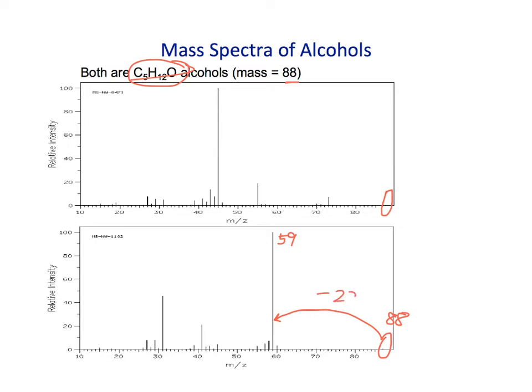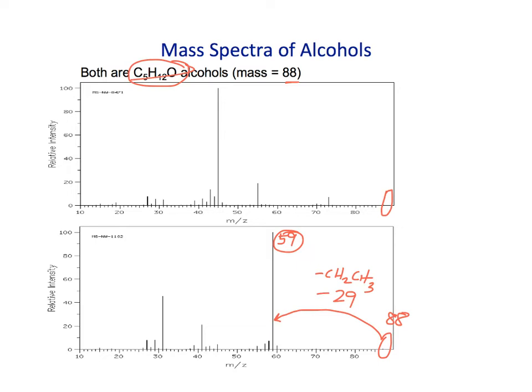Minus 29. All right? So what does a loss of 29 tell us? We've probably lost an ethyl group. So this is minus a CH2CH3. And that's really the only big ion that we see that's in a higher mass.